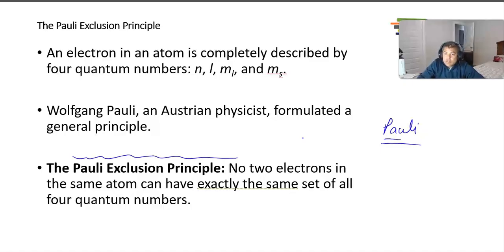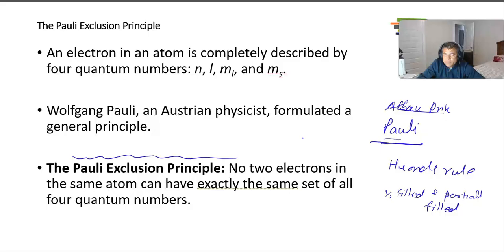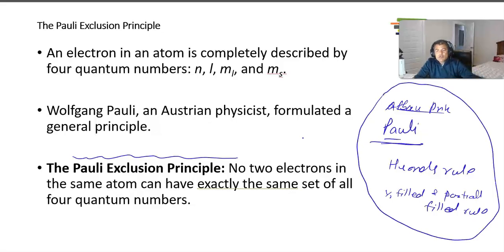And we will also study the Aufbau principle, Pauli exclusion principle, Hund's rule, and the half-filled and partially filled rule. These 4 rules are essential to know the electron configuration.